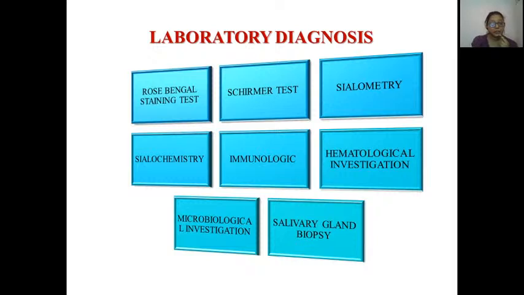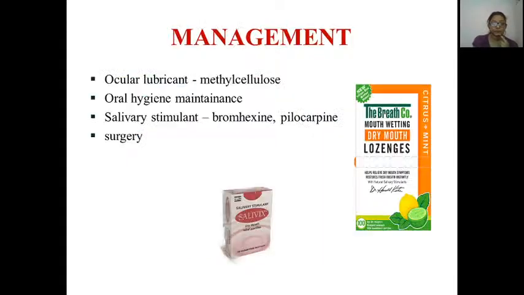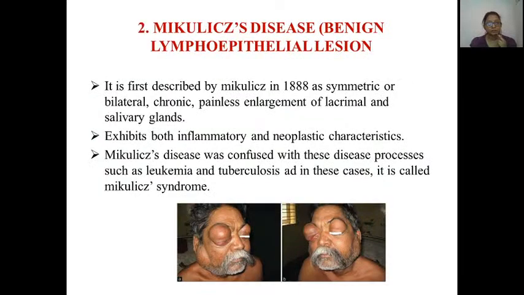Also leukopenia is seen in hematological investigation. Microbiological investigation, presence of various microorganisms is seen, and also we can do salivary gland biopsy. The management can be ocular lubricant, methylcellulose, oral hygiene maintenance, salivary stimulants like bromhexine, pilocarpine, and or surgery.